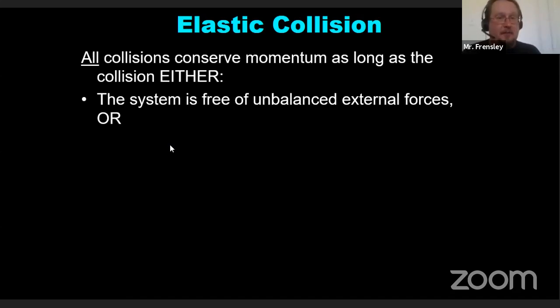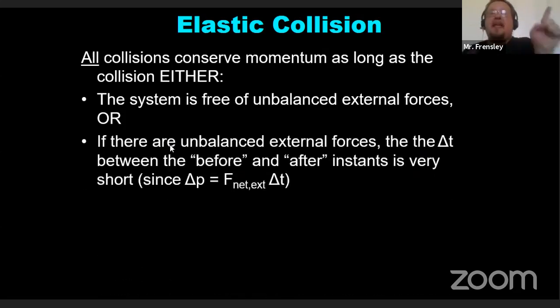What if you do have an unbalanced external force? Well, you still get momentum conserved if the before moment and after moment, when you're comparing the momentums, are a very short delta t apart. Why? Because it takes an external force time to change the momentum.